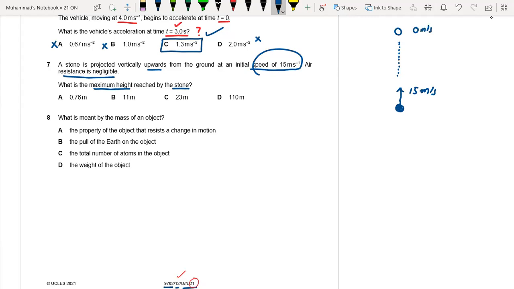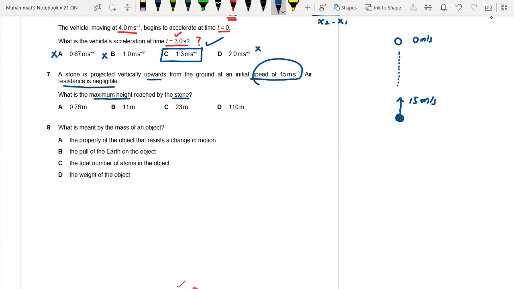Because in this case, the gravitational force is acting downward, or the direction of acceleration is downward, and the direction of velocity is upward. So the object will slow down, and the final velocity will be 0.